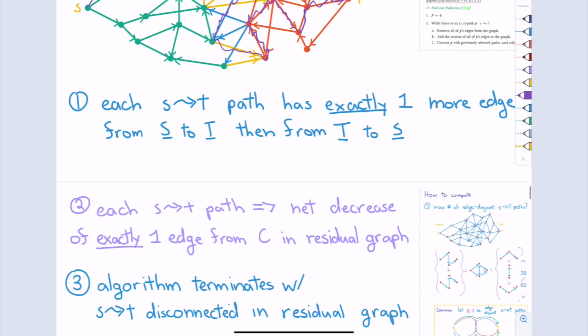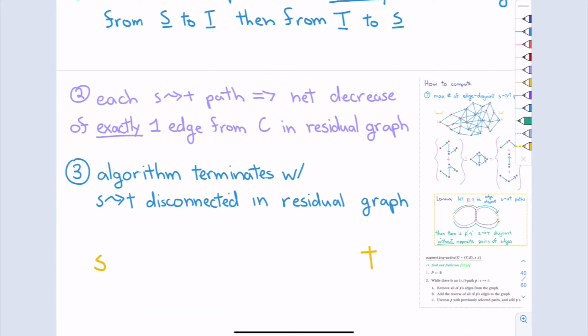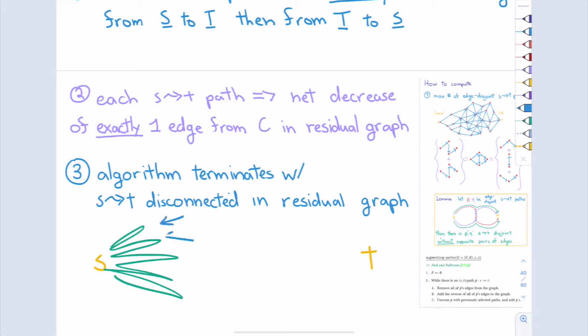Okay. Now, when the algorithm terminates, there's no path left from S to T. So there's some set of vertices that S can reach, and then I can't go any further. In particular, I can't get to T. So there might be a bunch of edges going into S, but there's no edges leaving this green set.